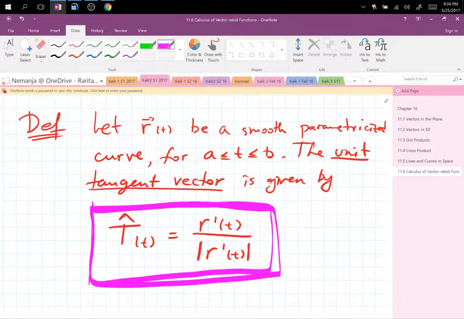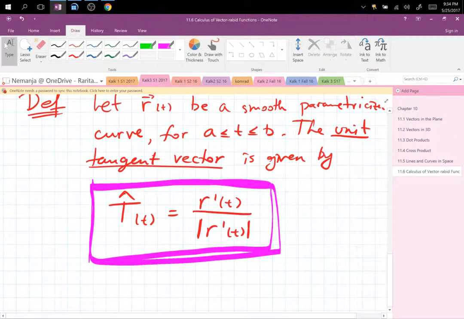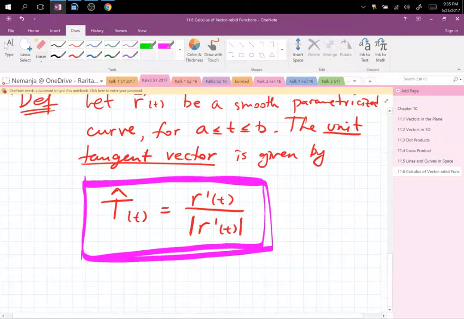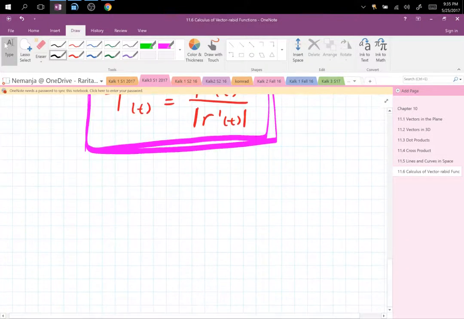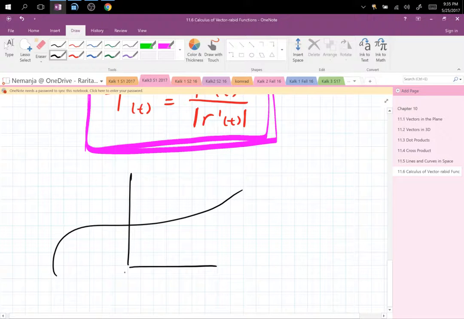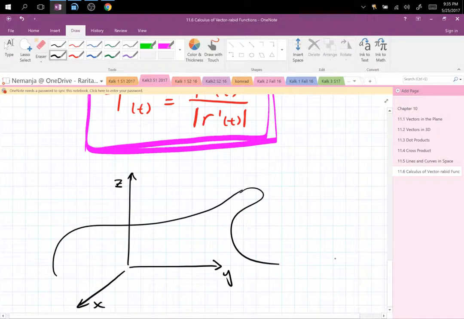So what is the unit tangent vector? When you have a curve in space of some kind, let's put a coordinate system. So you have a curve.